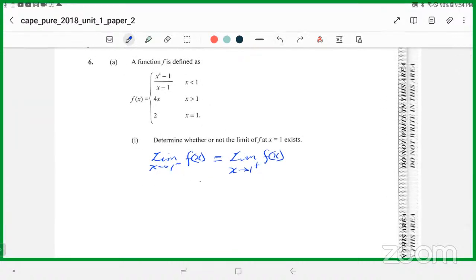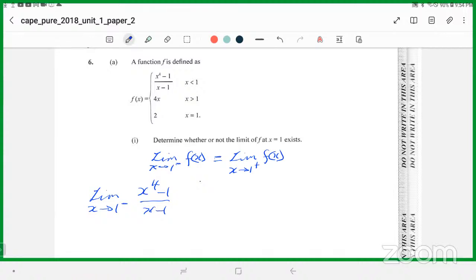So the limit as x approaches 1 from the left means that you're coming from a value less than 1. It means that you're on this function. So f of x is on this function when you're approaching 1 from a value less than 1. So you take the limit of x to the 4th power minus 1 over x minus 1.